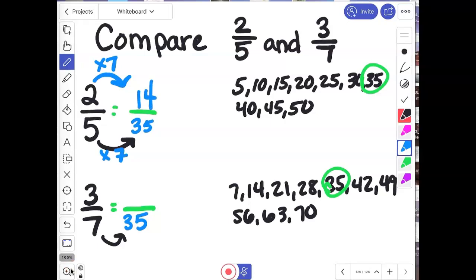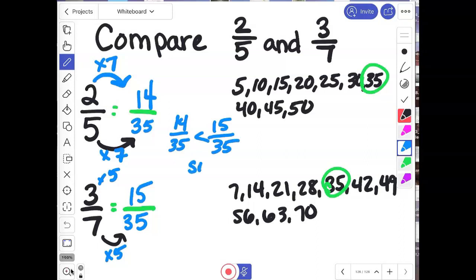Okay. 7 times 5 is 35. 3 times 5 is 15. So here's what I found out. I found out that 14/35 is less than 15/35. So 2/5 is less than 3/7.